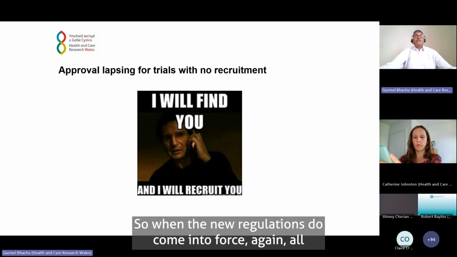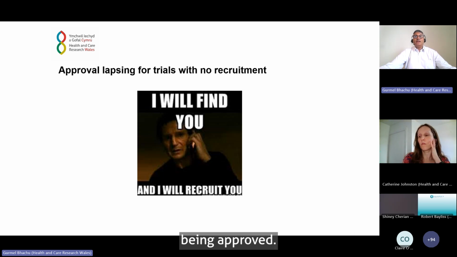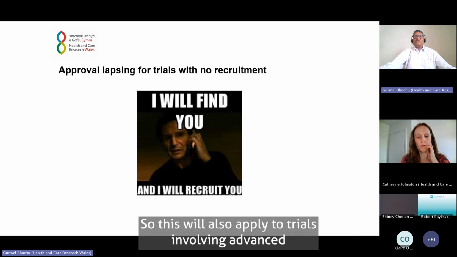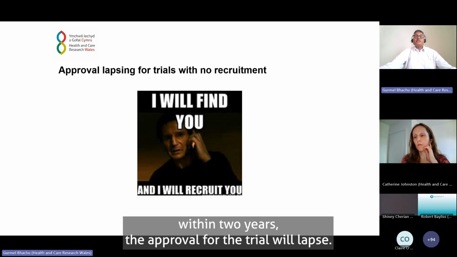So when the new regulations do come into force, again, all CTIMPs submitted from this date will be expected to recruit their first participant in the UK within 2 years of the trial being approved. I know that Kat briefly covered this as well. This will also apply to trials involving advanced therapy medicinal products. If a trial recruits no participants within 2 years, the approval for the trial will lapse.